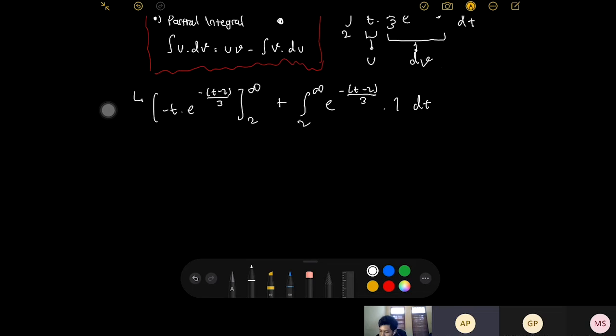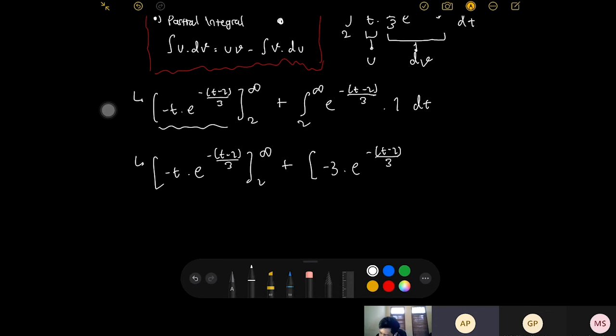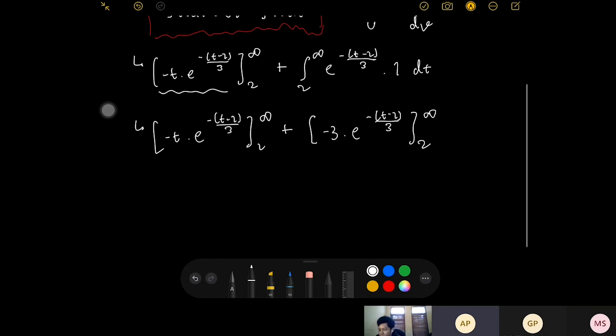Okay, so this part stays the same, and we can integrate the second part, so we can write it as minus t plus the second term.